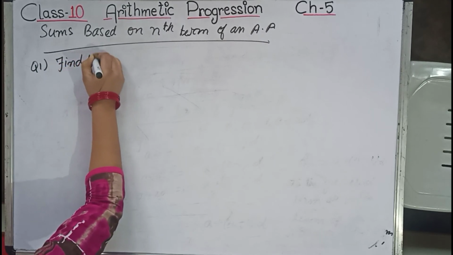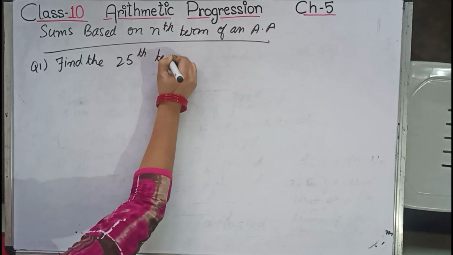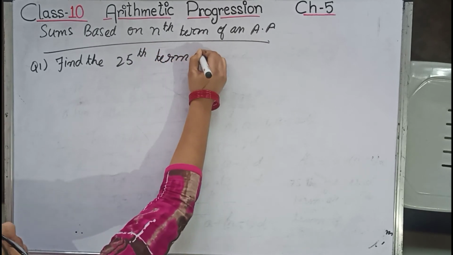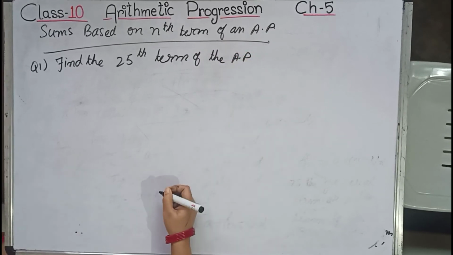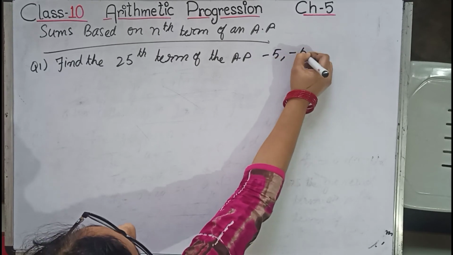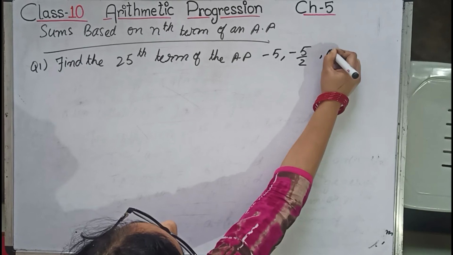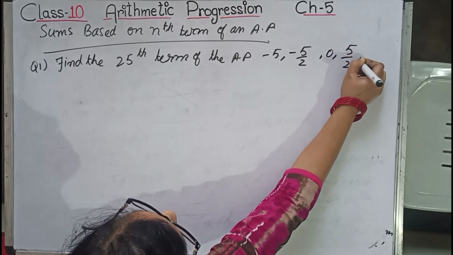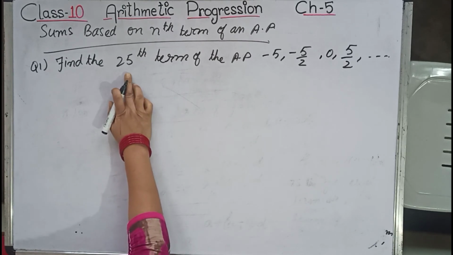Find the 25th term of the AP minus 5, minus 5 by 2, 0, 5 by 2, and so on. So we have to find the 25th term.